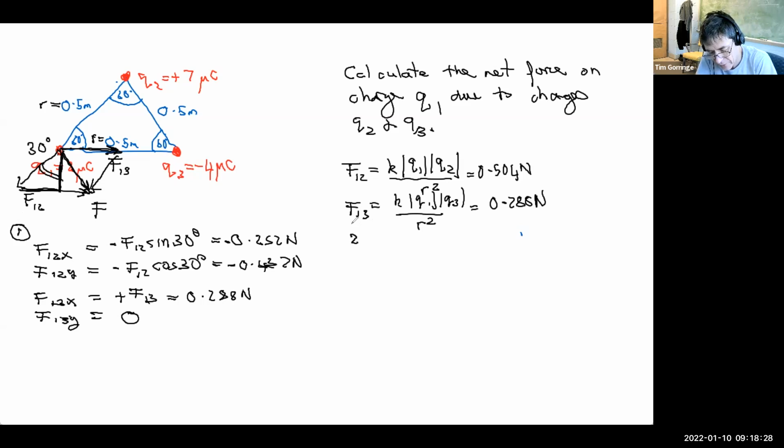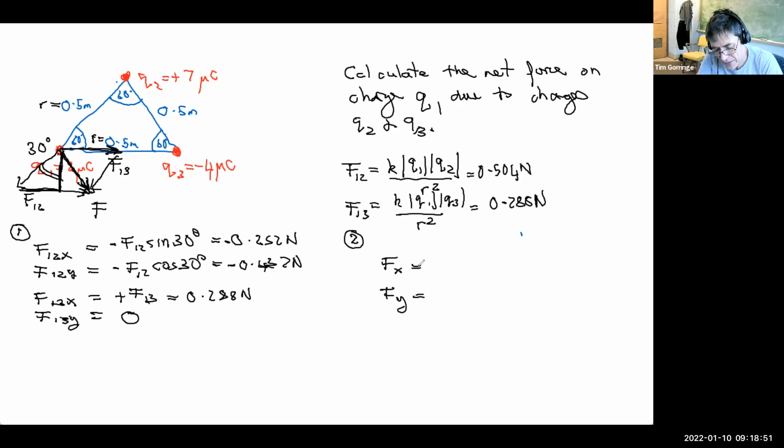Now the second step then, in finding the total force, is to find the components of the total force. So we're going to find Fx and Fy, the horizontal and vertical components of the net force. That's the force here on our diagram.